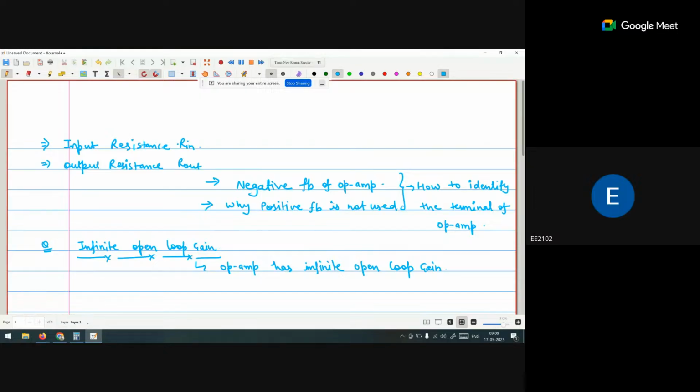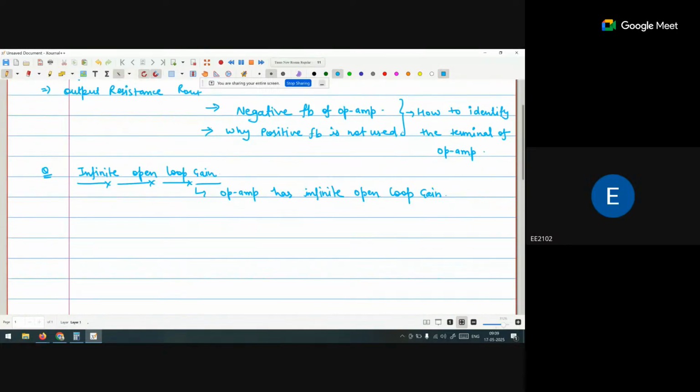What is the meaning of this? If this is my operational amplifier, there is no feedback. The positive terminal and negative terminal have voltages V1 and V2. This one is grounded.